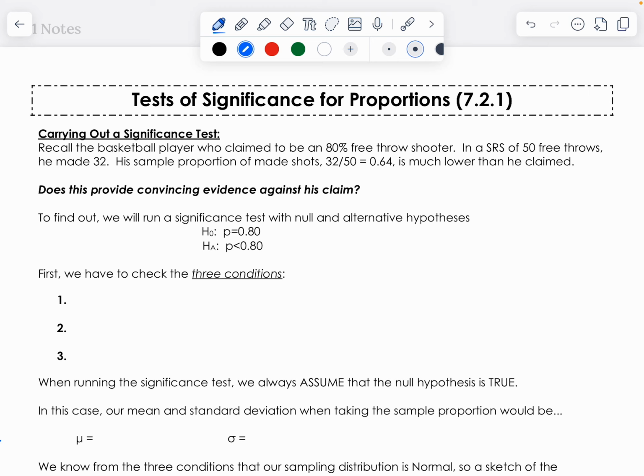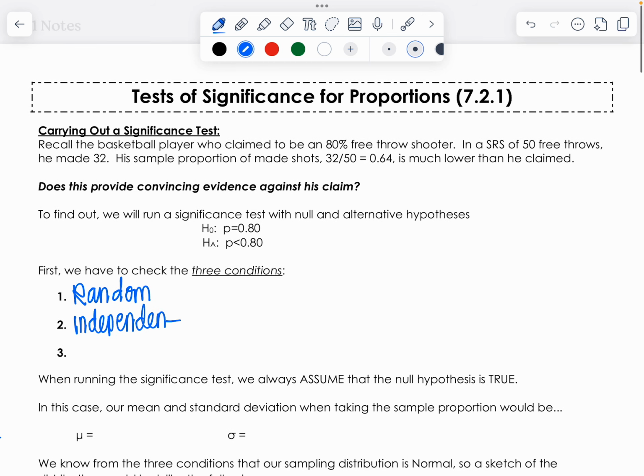Now, the 3 conditions for any test of significance match the 3 conditions for any confidence interval. So this is nothing new to us. We still have to have a random sample. We still have to have independent trials, meaning that n is less than 10% of the population.